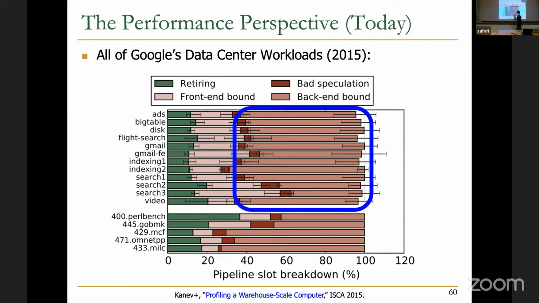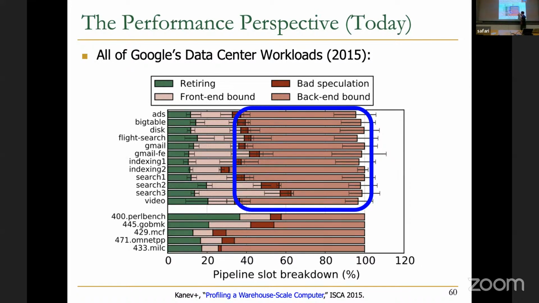Indeed, the green part is the good use of the CPU. Retiring means that we are really using those cycles in a productive manner. We are really executing instructions. The rest of the time, instructions are waiting, either in the front end, or they have to repeat execution of some instructions due to bad speculation, for example, a branch misprediction.